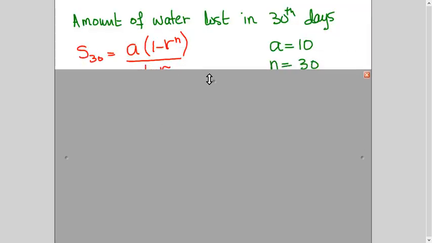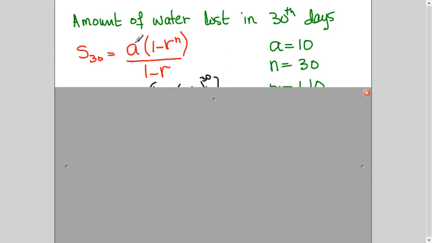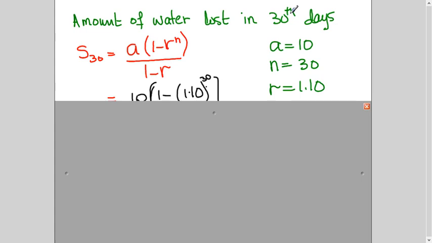So now what is happening? That amount of water lost in 30 days, if you add up all the 30 terms, right, and substitute in this formula, which gives you the sum of the terms in 30 days, because 30 days mean 30 terms here. I'm not talking about only a particular day, right?